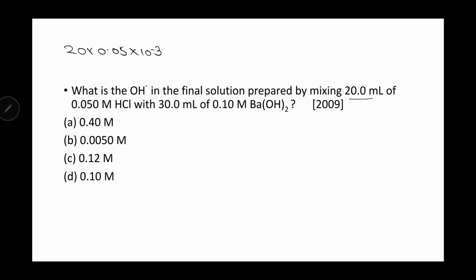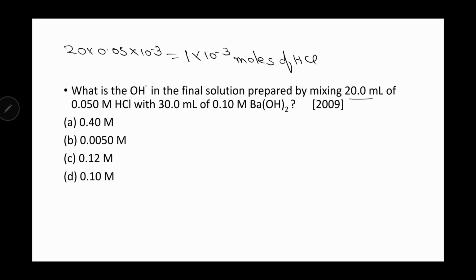This is to make sure that we account for the milliliter. So the number of moles present in this 20 ml of HCl solution is 1 into 10 to the power minus 3 moles of HCl. So 1 into 10 to the power minus 3 moles of HCl are present in 20.0 ml of 0.05 M HCl.